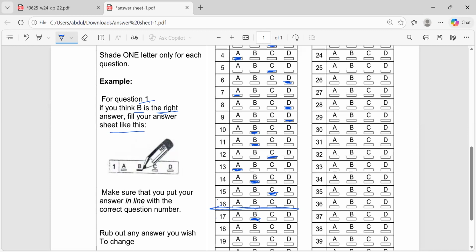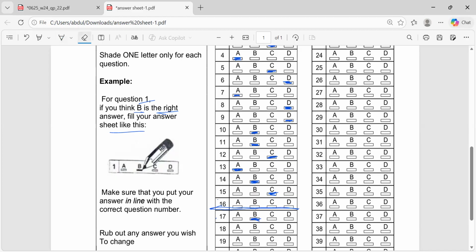There is no chance that your answer of 17 will come on 16, or 18 on 17. It will be a big blunder and there is not enough time for us to redo it. So better, if you feel difficulty that question 16 is something which I'm unable to understand, put a line across with a pencil. You will be using pencil, by the way. It is written HB pencil you have to use in this paper. So you can simply put a line so that your answers are not overlapping.